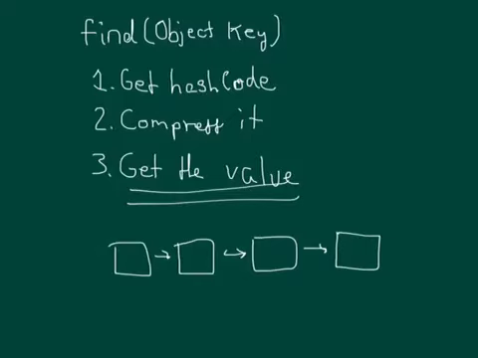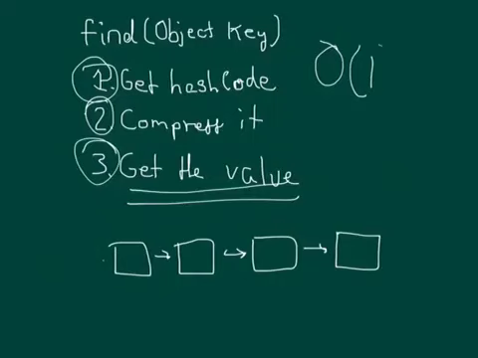However, because of amortized analysis, and we're assuming this is a good, well-designed hash table, then usually these are all going to be a primitive operation, another primitive operation, another primitive operation, meaning find ends up working in constant time.